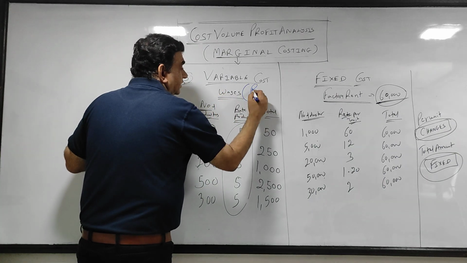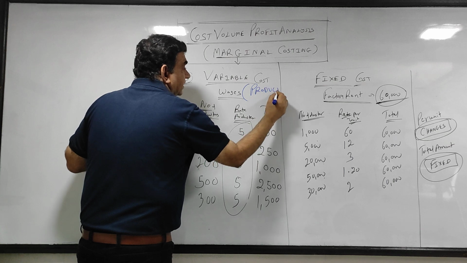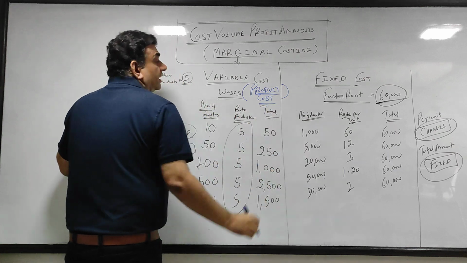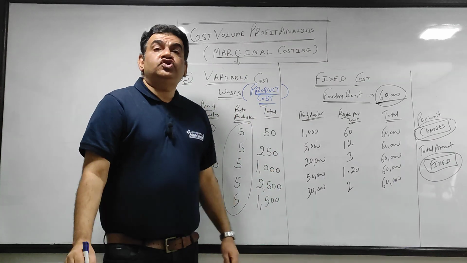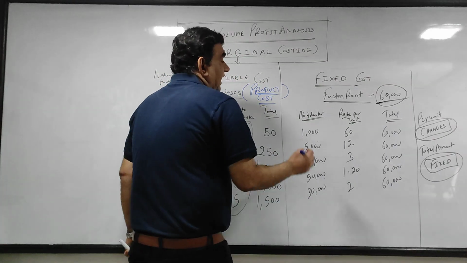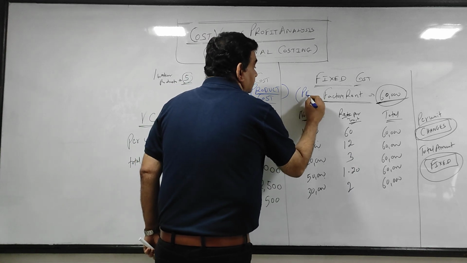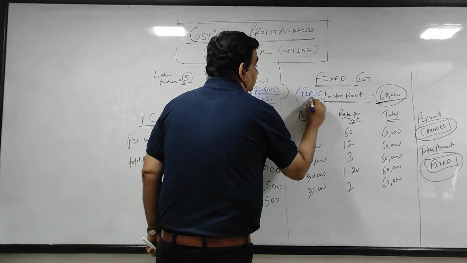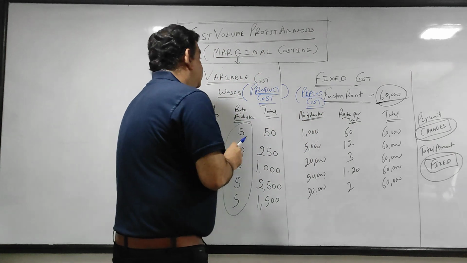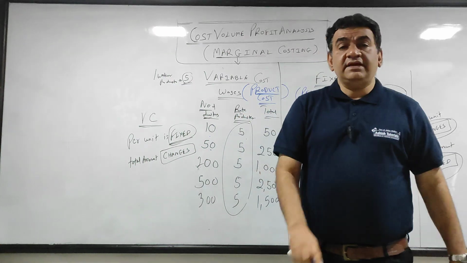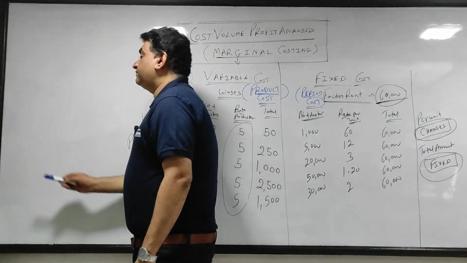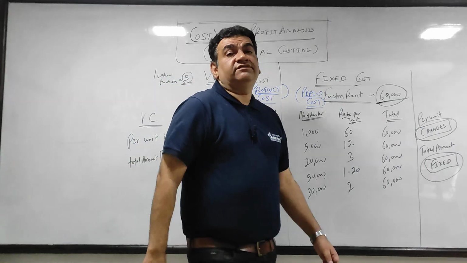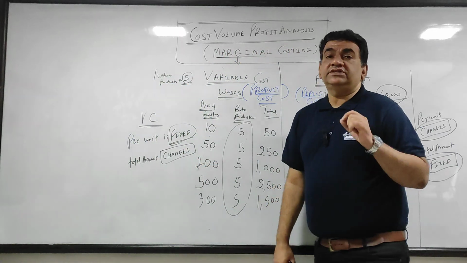I have given this in the theory and objective: variable cost is also called product cost, and fixed cost is called period cost. Keep this point in mind.